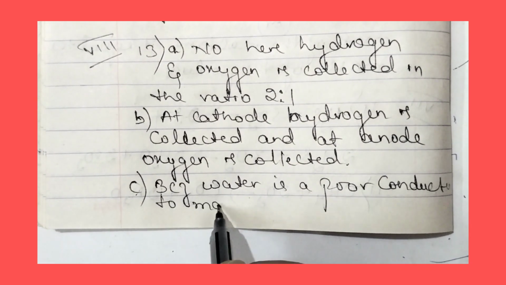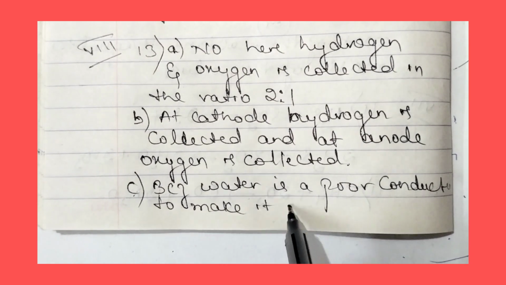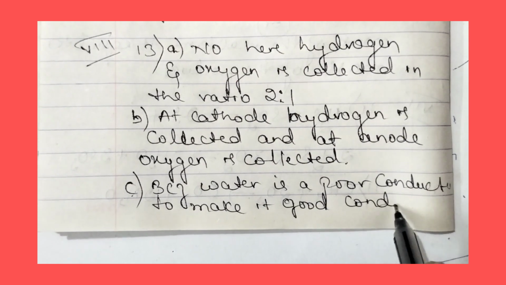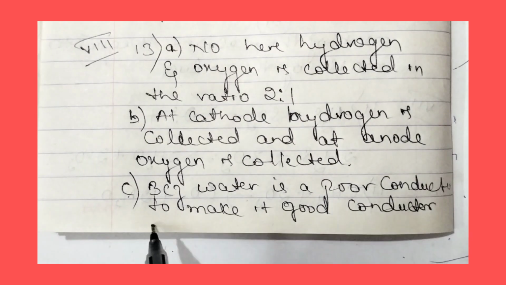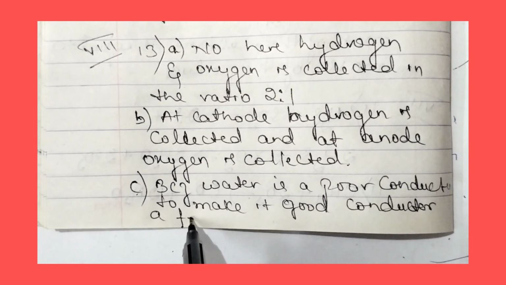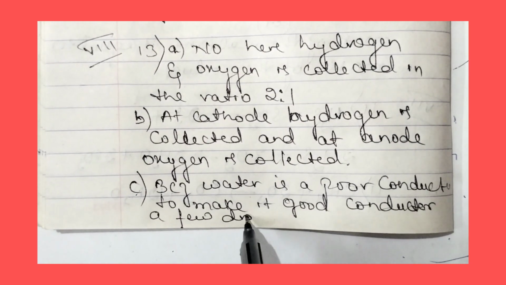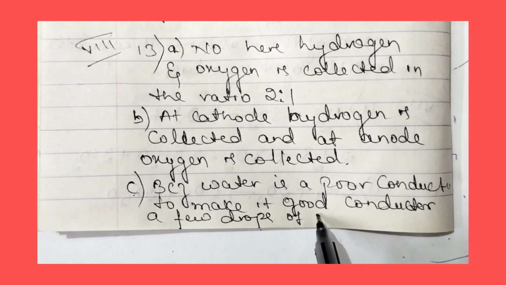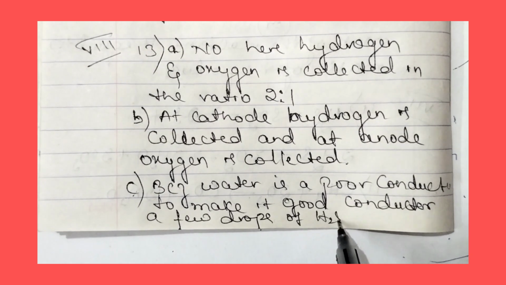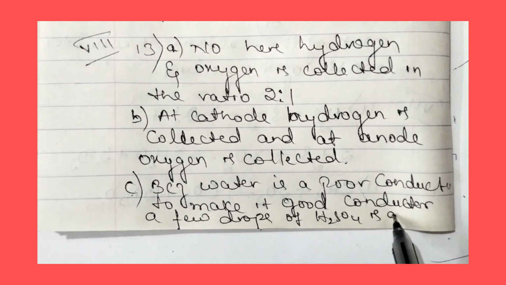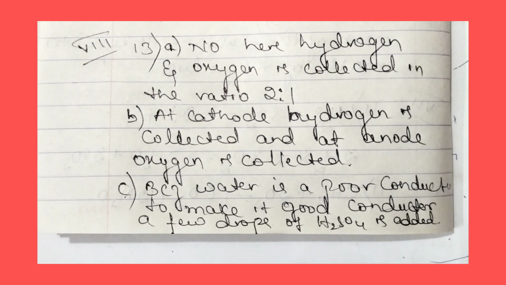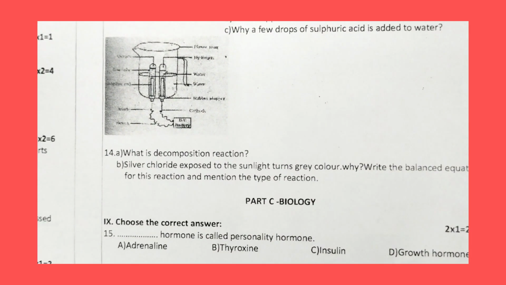To make it a good conductor, a few drops of sulfuric acid are added. So by this we have completed, oh sorry, one more question is there. So let us move to the 14th question.